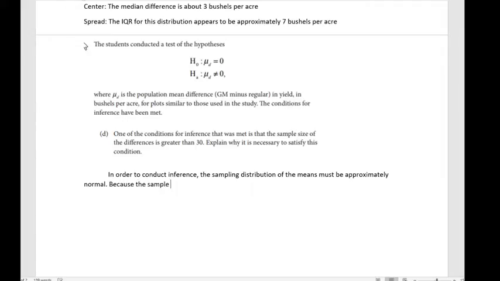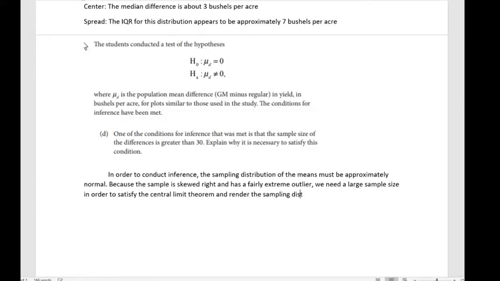Because the sample is skewed right and has a fairly extreme outlier, we need a large sample size in order to satisfy the central limit theorem and render the sampling distribution approximately normal. There we have it.